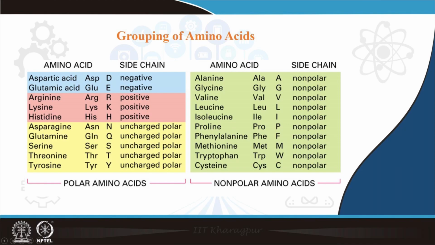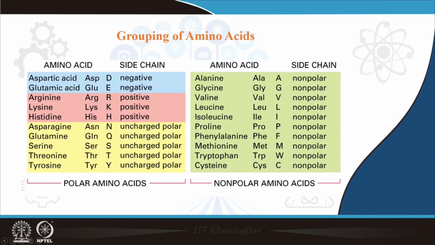Why is that? Because all these side chains mostly contain carbon and hydrogen. Okay? So what do we have here? We have alanine, glycine, valine, leucine, isoleucine, proline, phenylalanine, methionine, tryptophan and cysteine.